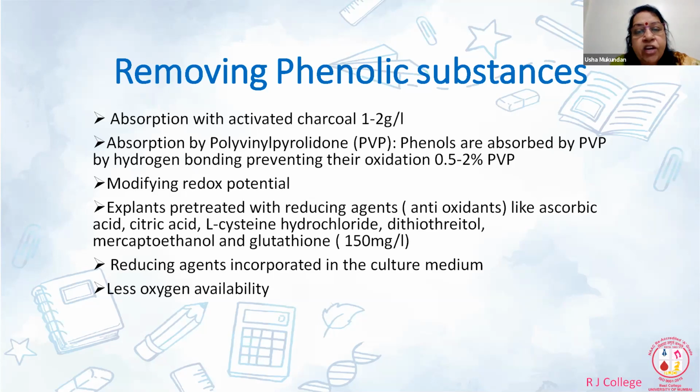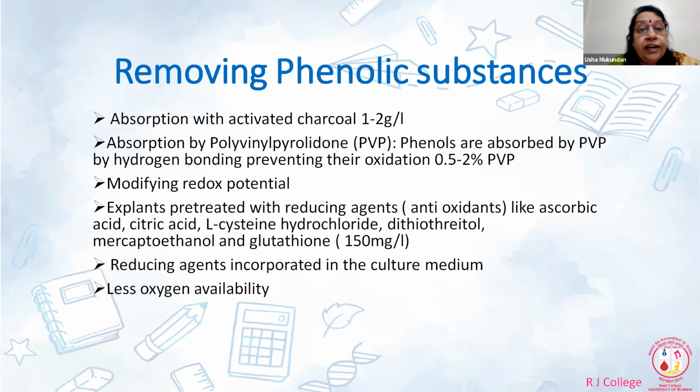And what is the concentration applied? 0.5 to 2%. You can do pre-treatment of the explant in a liquid medium containing PVP, and once the explant is clean, you can transfer it to a regular basal medium or a supplemented medium.